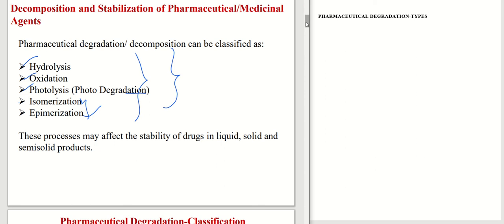So, if a chemical compound undergoes any of these reactions, the chemical structure will change. Hence, the activity will change. So, it is always very important to know what kind of reactions will take place according to the chemical structure under the influence of specific agents or factors. Now let us see one by one.